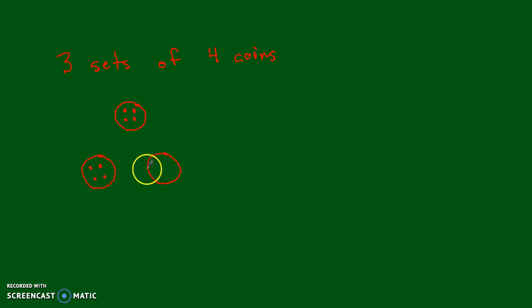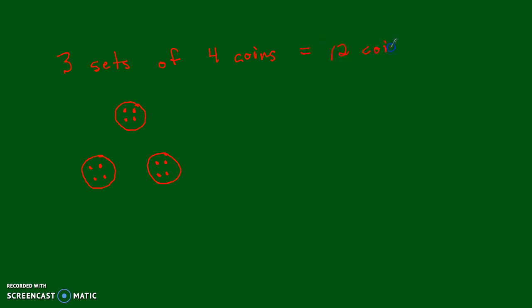Each set has 4 coins in it. And so we could count 1, 2, 3, 4, 5, 6, 7, 8, 9, 10, 11, 12. So 3 sets of 4 coins is 12 coins.